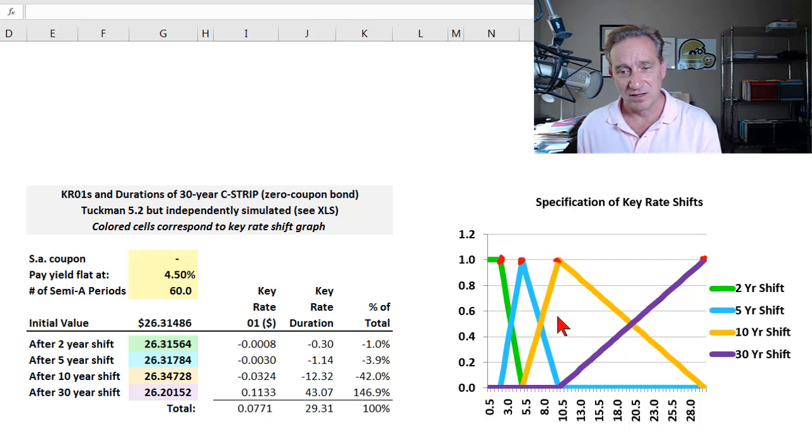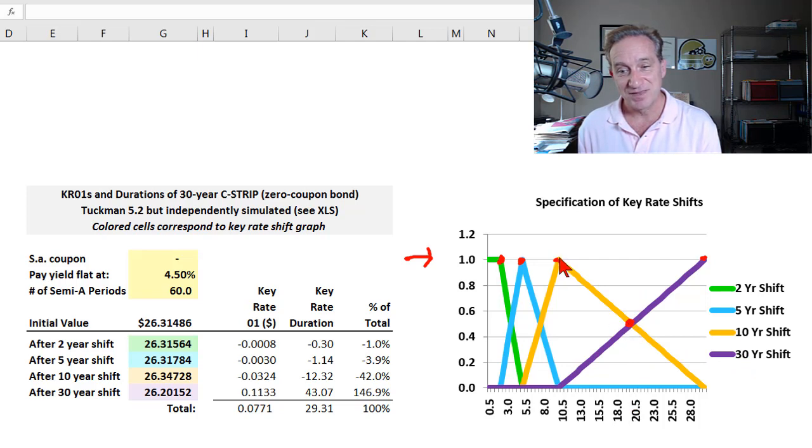If that seems confusing, here's a concept that may glue it together. If we shifted all 4 simultaneously, what would we get? Every rate in the term structure would shift exactly 1 basis point. Consider a neighboring rate here in the middle, halfway between 10 and 30, so at 20 years.